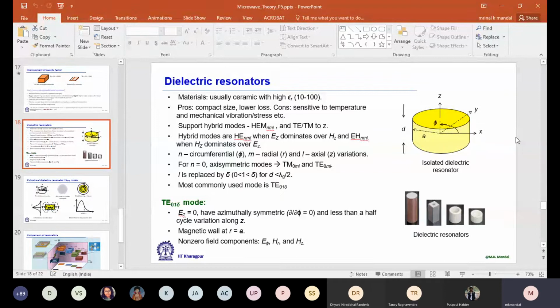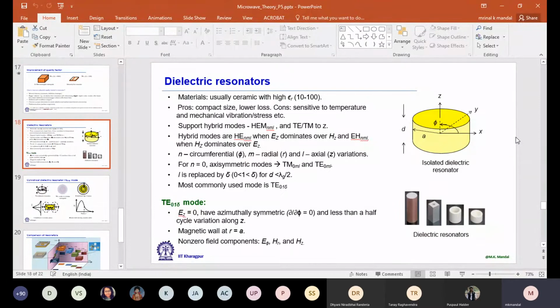So in general, it can support hybrid modes. We represent them by HEM with N, M, L as the mode numbers, and sometimes we can approximate them by TE and TM modes.